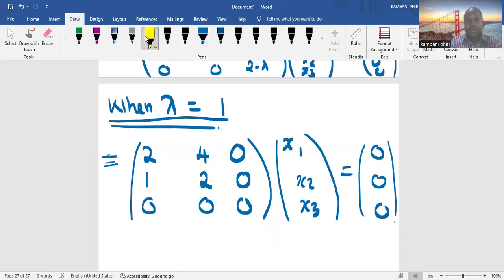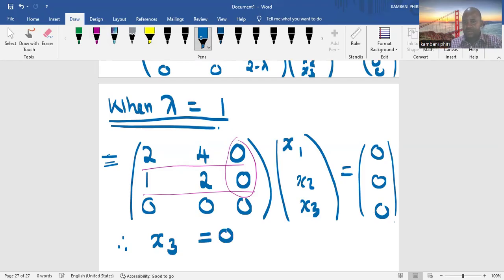If you use this one and this one, you see that x3 is 0 throughout from here. We're able to see that x3 must be equal to 0.